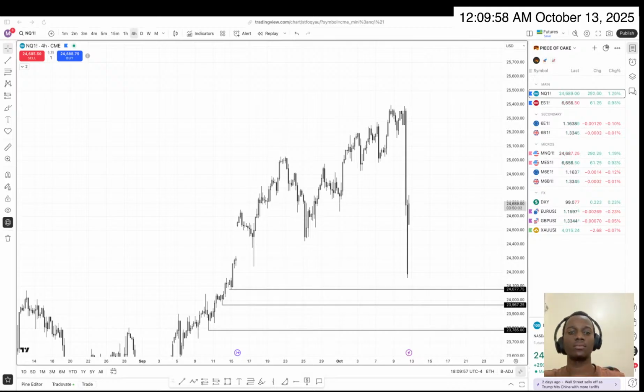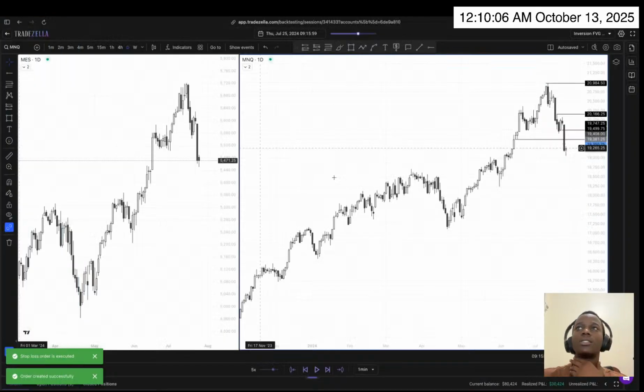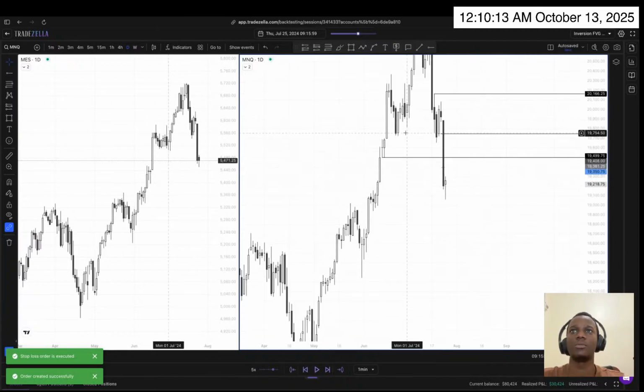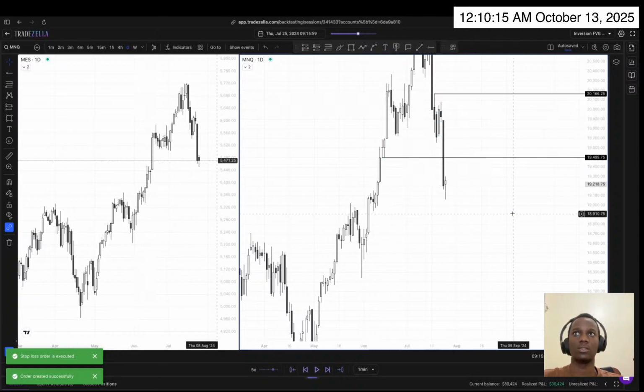Alright. Let's go do some backtesting. I think we're probably gonna continue lower unless the market proves me otherwise.